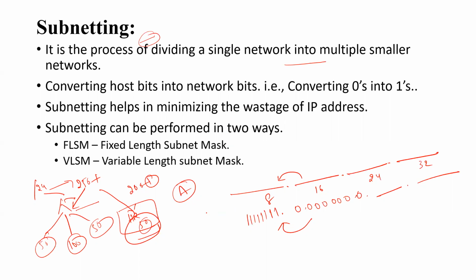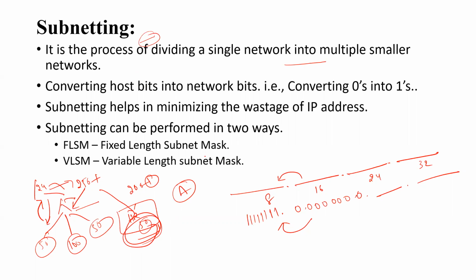We have to increase the network portion: while dividing a network into smaller networks, host portions are converted to the network portion. We go for subnetting to avoid the wastage of IP addresses.